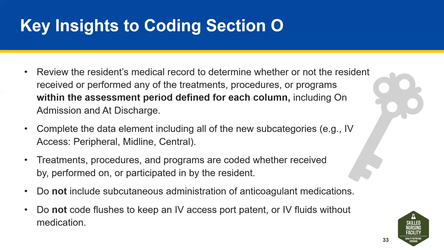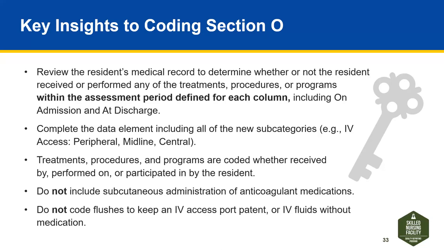Complete the data element including all of the new subcategories, for example, IV access subcategories of peripheral, midline, or central. And these are coded whether received by, performed on, or participated in by the resident. You do not include subcutaneous administration of anticoagulant medications, and you do not code flushes to keep IV access port patent or IV fluids without a medication.